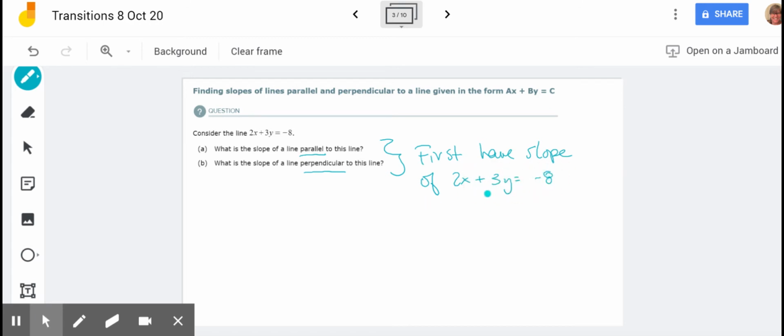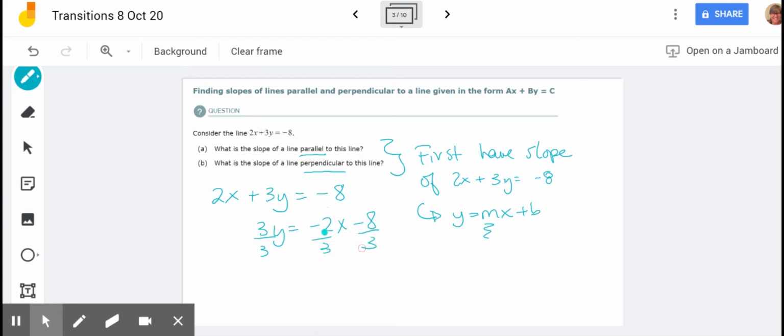So what's the easiest way to do it? It depends, okay? For most people, that would be to change it to y equals mx plus b form because the slope is right here. So we could do that. You go 2x plus 3y equals -8. 2x, subtract from both sides. You get y = -2/3 x minus 8/3. Divide everything by 3.